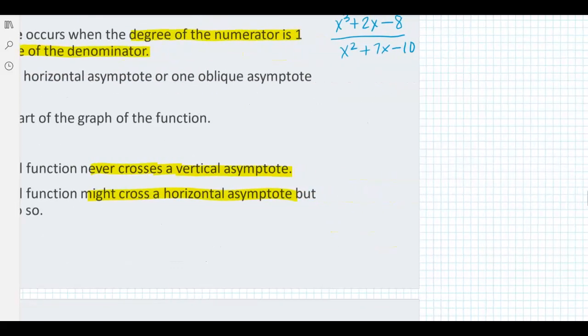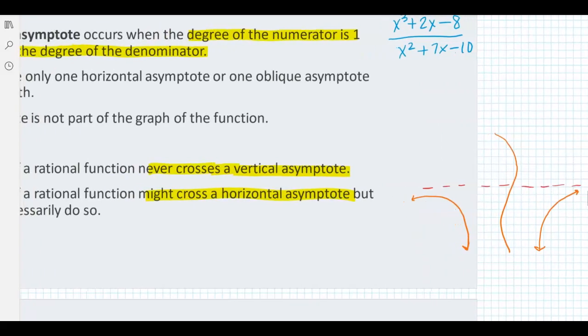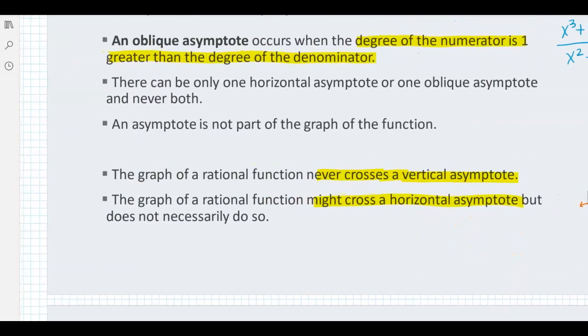What I mean by that is we could have a horizontal asymptote like this, and we could have this part of the graph. It's acting as an asymptote for these two parts of the graph, right? But then we have this other piece in the middle that it crosses. So it can be that it acts as an asymptote just for parts of the graph.